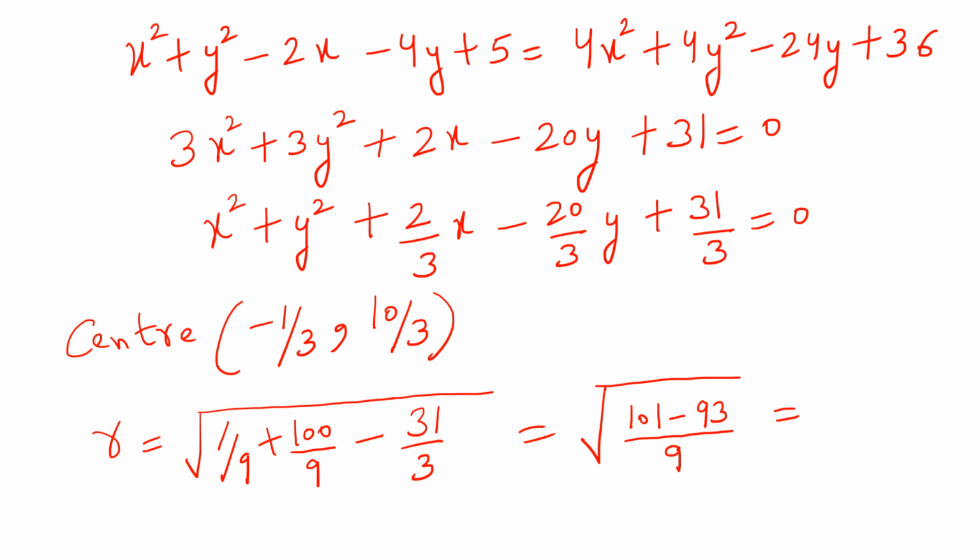So it becomes square root of 8 by 9, which is nothing but 2 root 2 divided by 3. So that means option A and D are correct. S is a circle with center at minus 1 upon 3 comma 10 by 3, and S is a circle with radius 2 root 2 divided by 3.